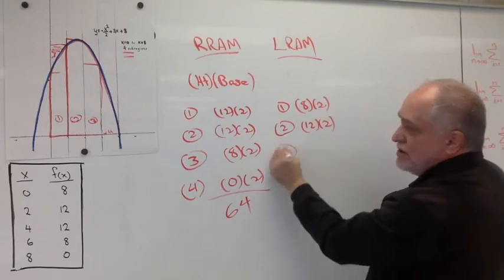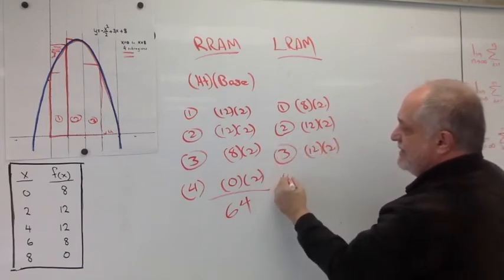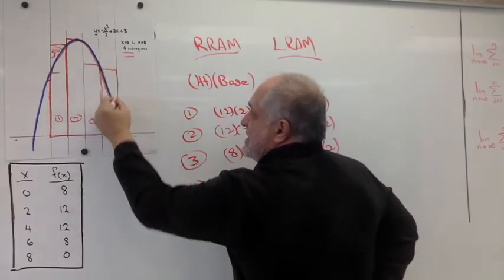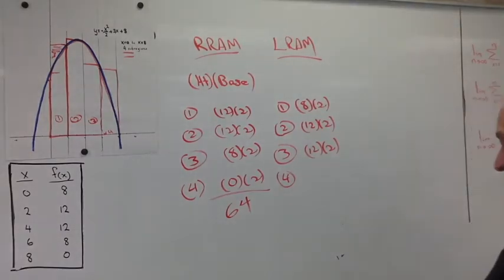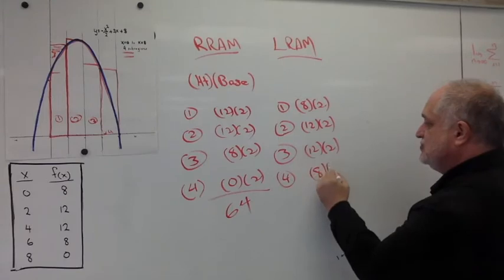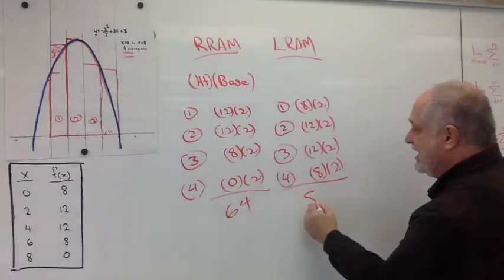Our third would be another 12 times 2. And finally, our fourth region actually does have area this time. It's going to be an overestimate, and I am getting a value of 8 times 2. And what that sums to, when I did this, is a value of 80.